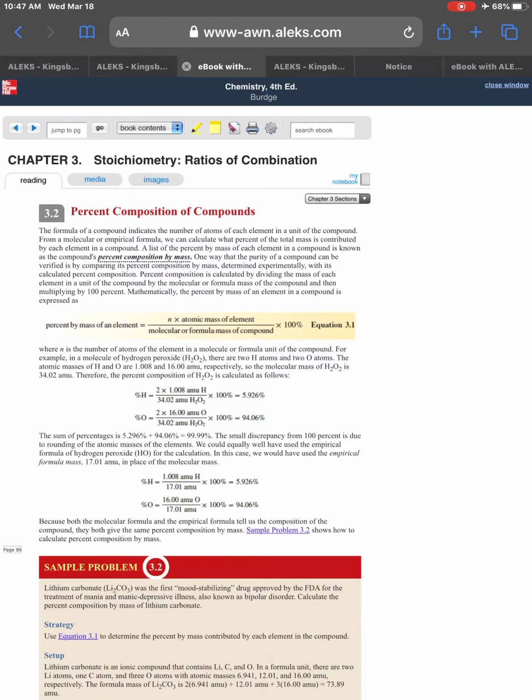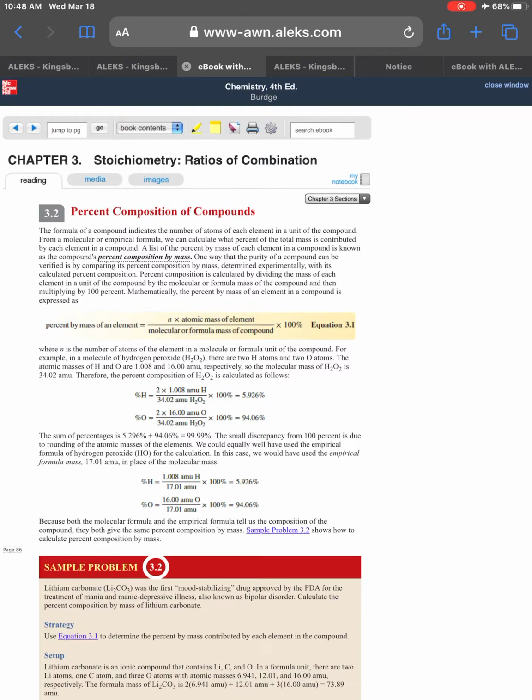So the molecular mass of H2O2 is 34.02 AMU. Now, they don't show you how to get that, but that's something we learned how to do in the previous section, right? 34.02 comes from the fact that there's 2 hydrogens, each is 1.008, 2 oxygens, each is 16.00. So if you multiply those together and add them, you'll get 34.02.